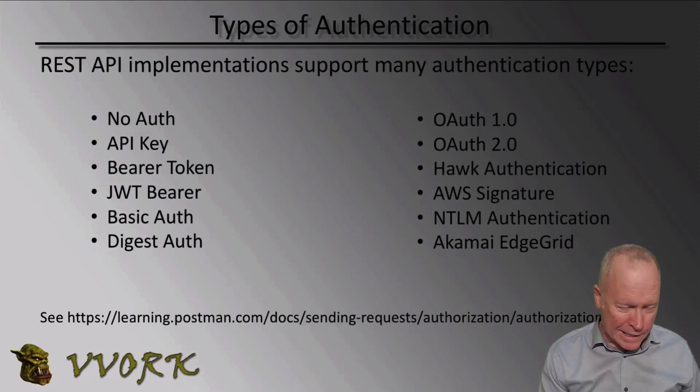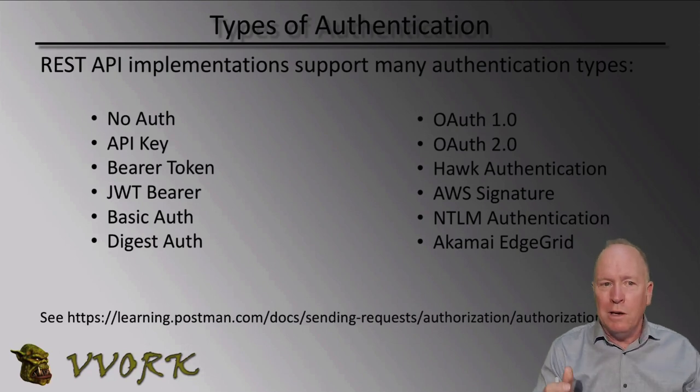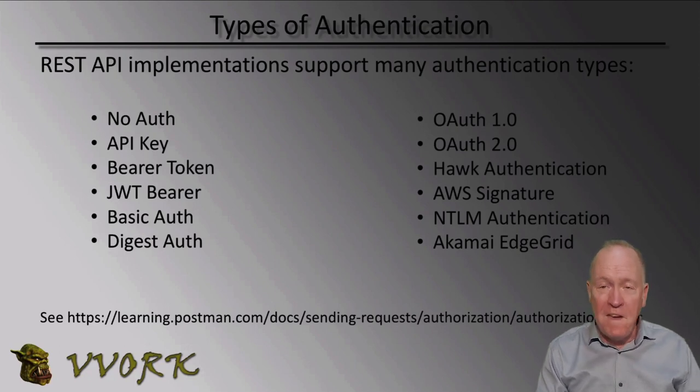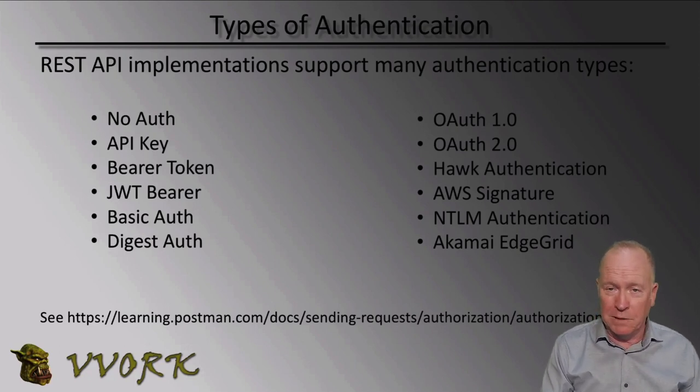The very first thing I do when I'm looking at API documentation is I look for how I need to authenticate to this particular REST server. Before I even look at any of the possible operations, I force myself to find how to authenticate. Because if I don't authenticate, there's a very, very high probability that I won't be able to do anything.